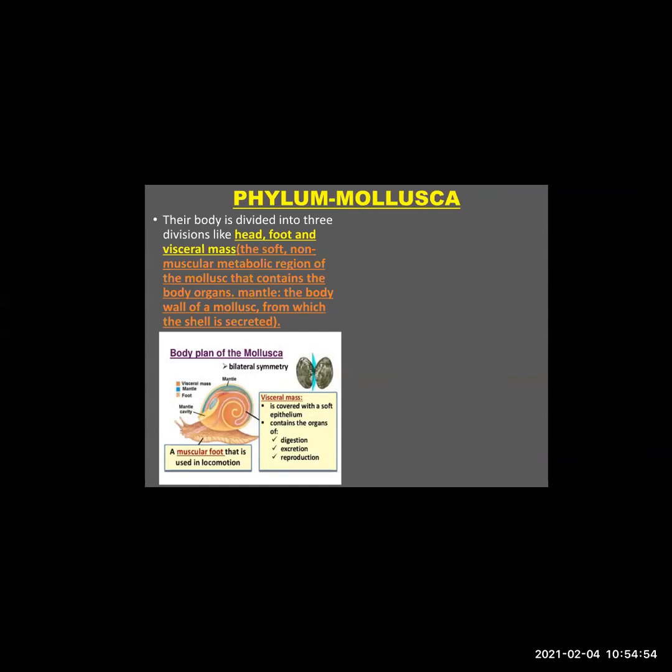Visceral mass is a soft, non-muscular, metabolic region of the mollusc that contains the body organs. You can see this part, visceral mass, shown by the orange color in the picture. This is the mantle from above, but inside it is the visceral mass.